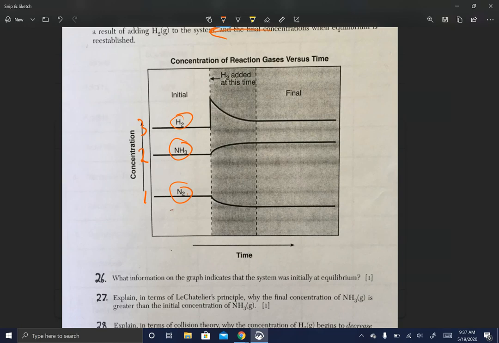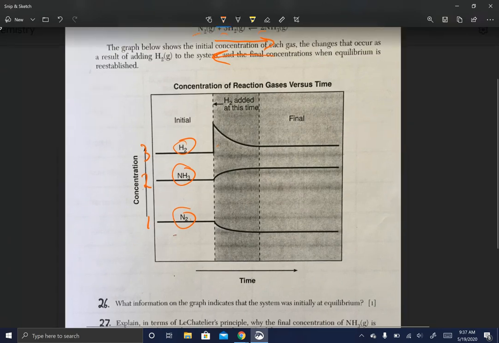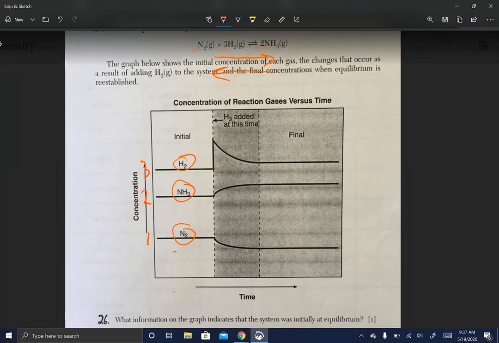So as you add H2, it reacts with N2. So that's what happens here. So you add H2, so you dump a bunch in, it spikes, meaning you're increasing the concentration. As those H2 particles collide with the N2, they react. And when reacting particles react, they start to decrease in concentration.